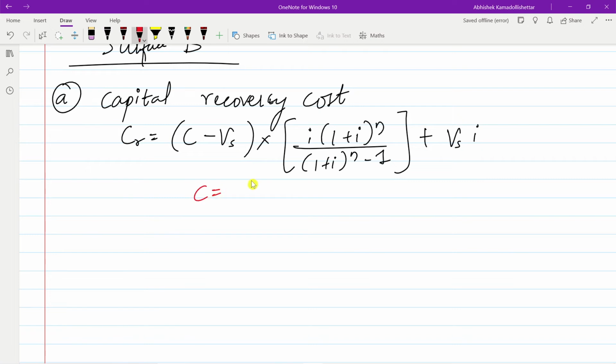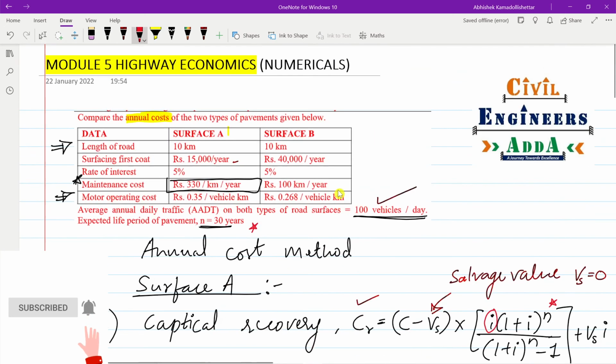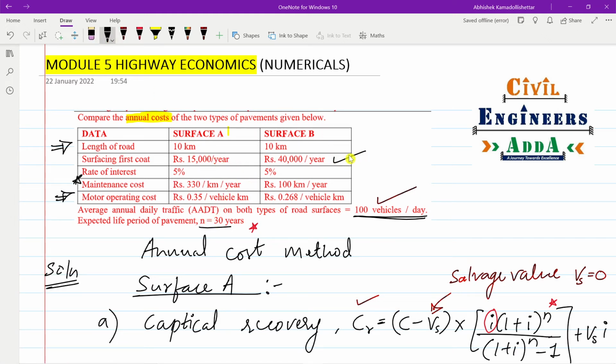C is given in the question as 40,000 per year. Just see the question here. C is given here, so let me erase the part. Okay, C is given here as 40,000 per year.